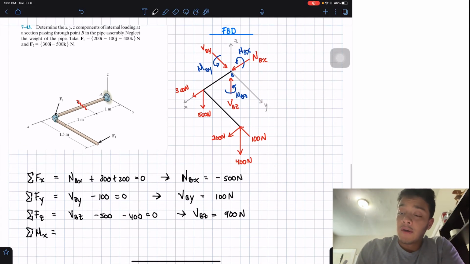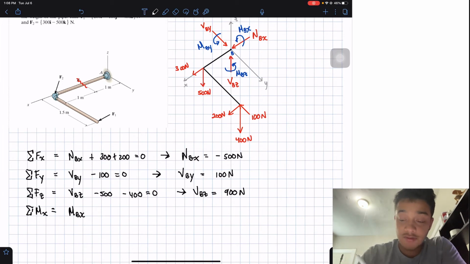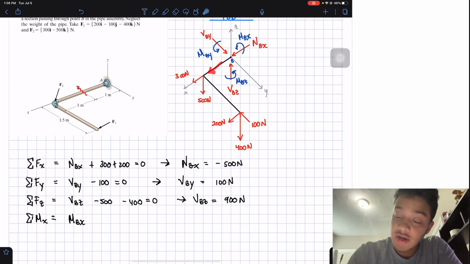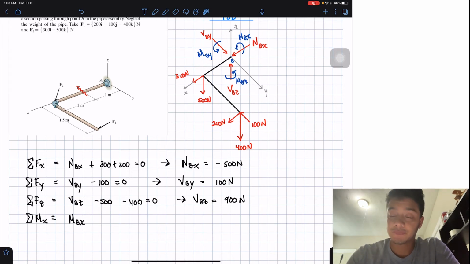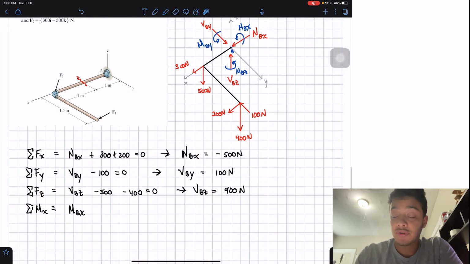So let's start with this. We will have an unknown, that is the moment around the x direction at my point B. So this guy over here. And as you can see, if I were to place the thumb in this direction, then my fingers will tell me that the rotation has to be this way in order for it to be positive. Okay, knowing that, we can start applying our summation of moments.